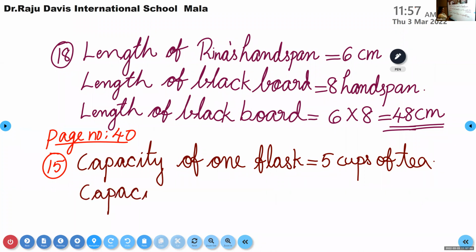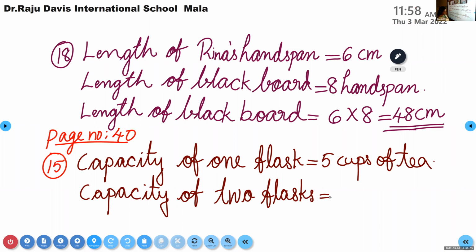Capacity of 2 flasks is equal to 2 into 5.